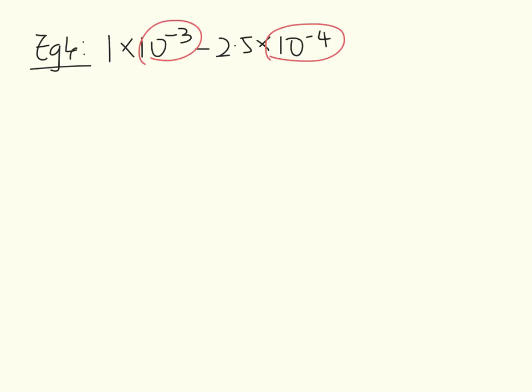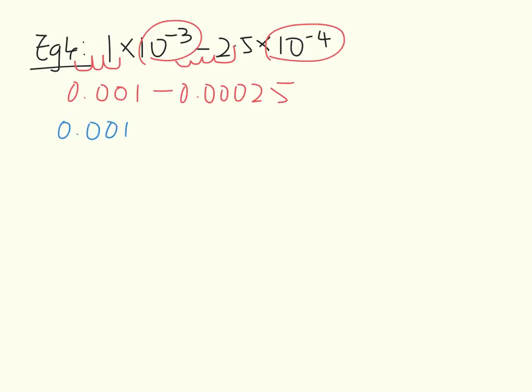So 1 times 10 to the negative 3 power becomes divided by 1000, so you end up with 0.001 minus 2.5 divided by 10,000, which will be 0.00025. Now do the subtraction using the algorithm.